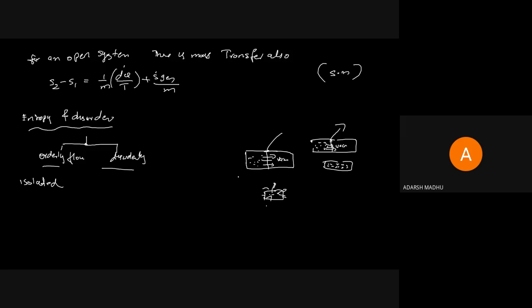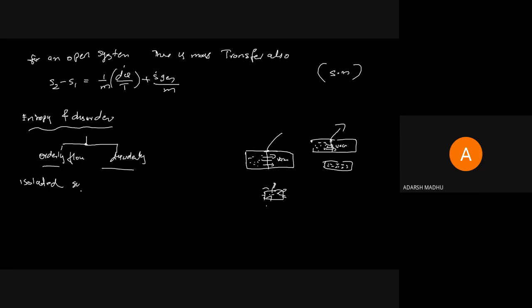The inside molecules absorb heat energy and move faster and collide with each other, and hence entropy increases. When temperature increases inside the isolated system, the energy increases and the entropy also increases.